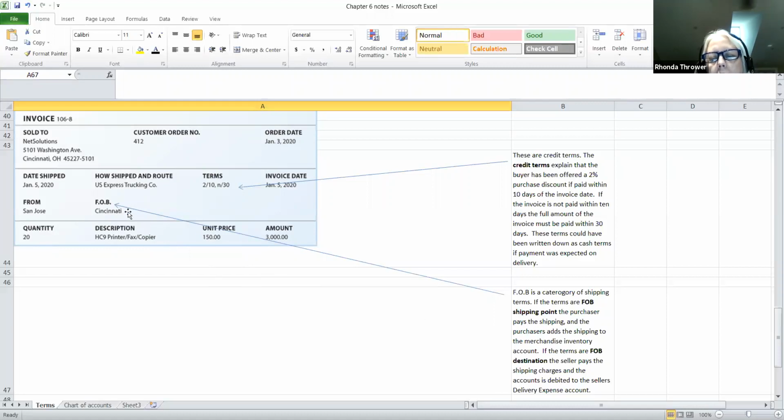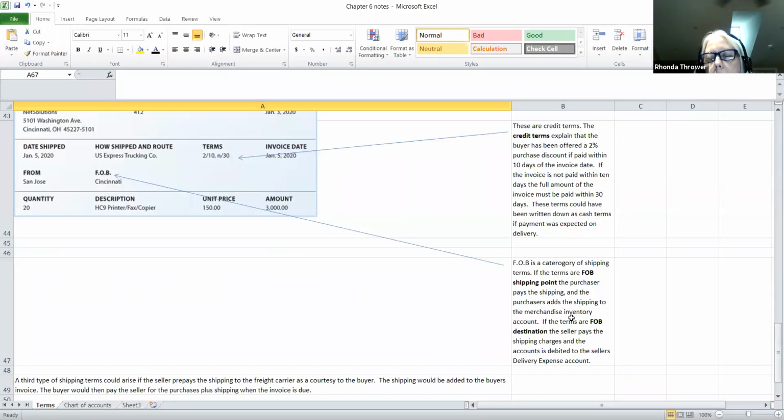If the term said FOB destination, that means something totally different. That means that the seller, which would be Alpha Technologies, would be willing to pay for this shipping.